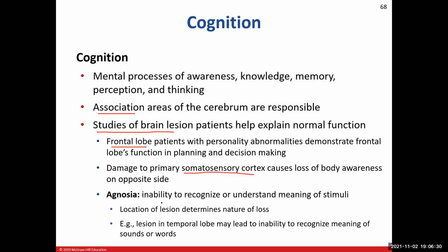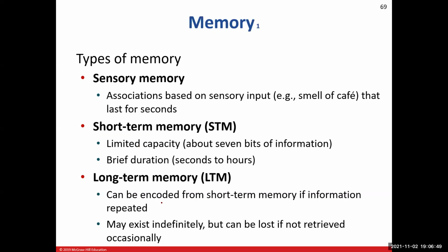Or if we damage the temporal lobe in regards to hearing, you won't be able to understand what folks are saying. You can hear, but you might not understand the meaning of those words.